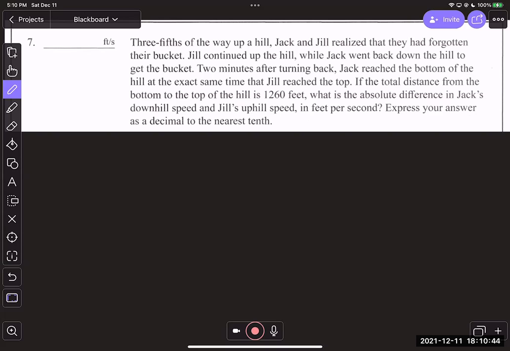First, 1,260 times 3/5 is 756 feet. And then 1,260 times 2/5 is 504 feet. Those are for Jack and Jill's distances.